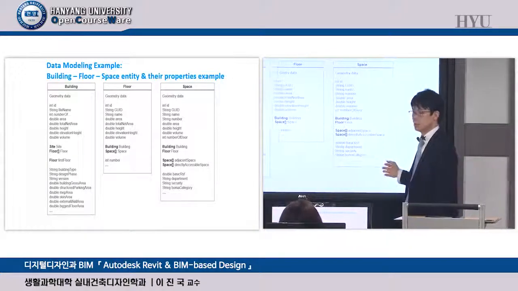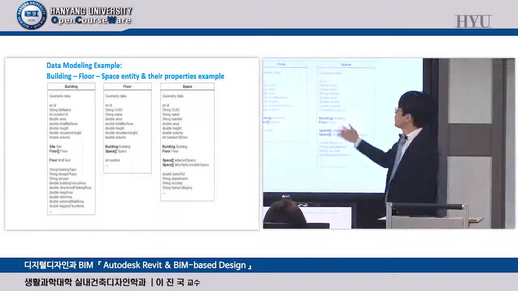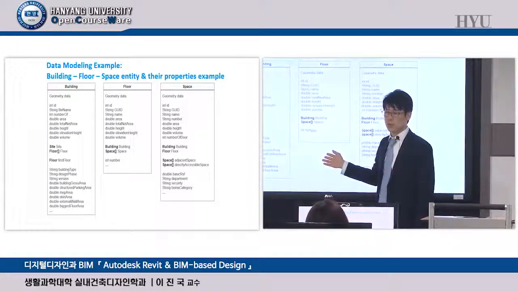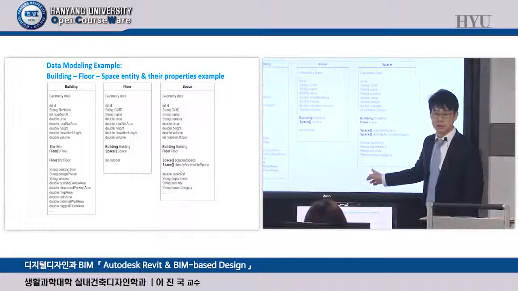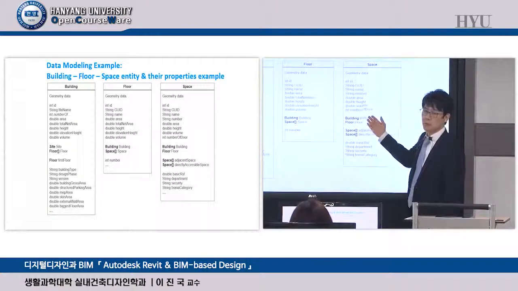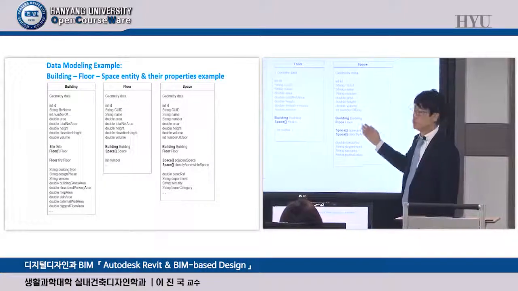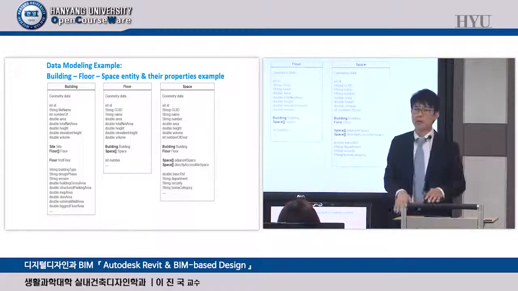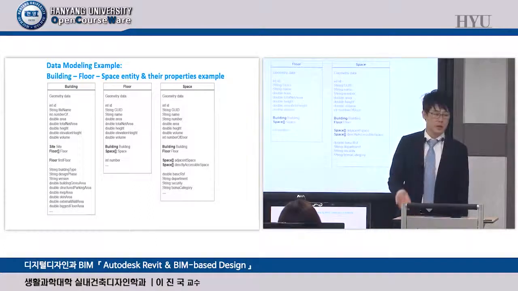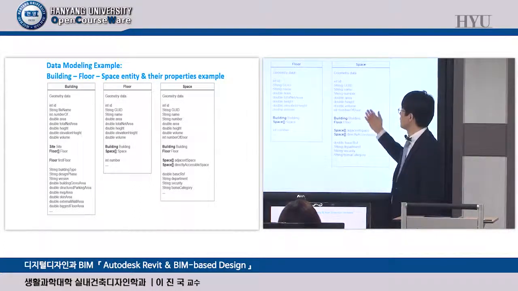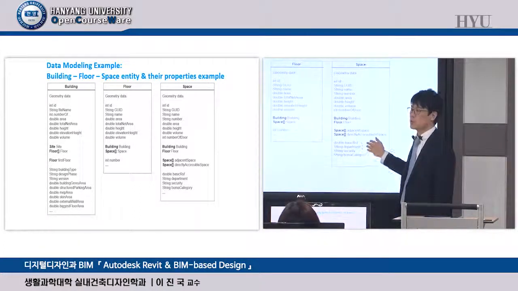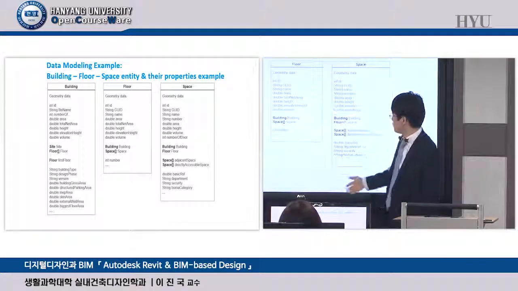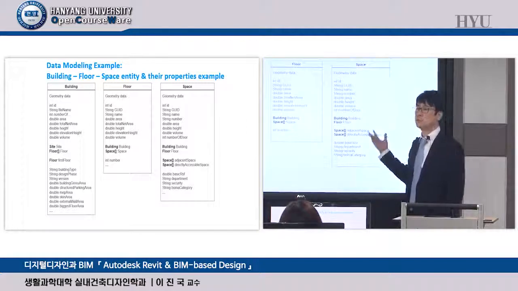Property and attribute are the same. So what kinds of properties? I told you, it's open-ended. Some of them are predefined, user input. For example, the space name, you have to type the space name when you model a space, but mostly they are calculated, auto-generated, auto-related, and so on.